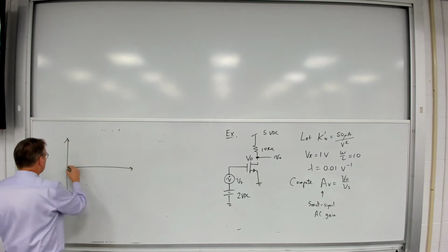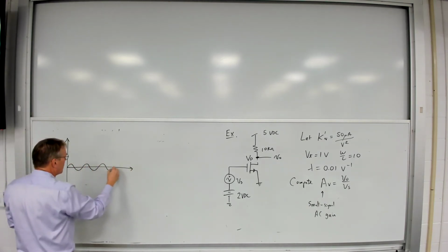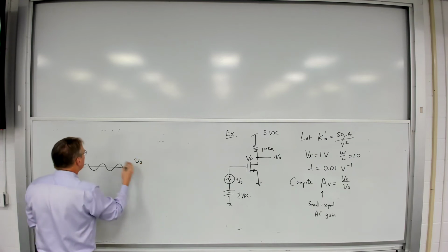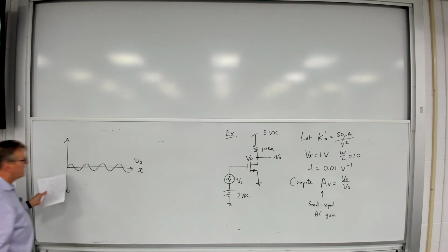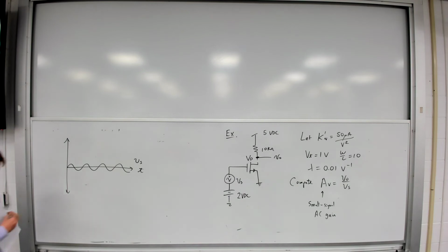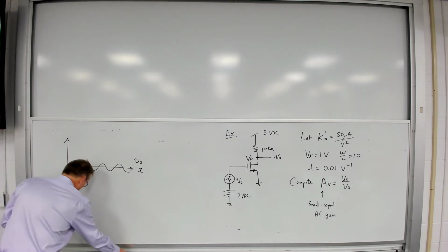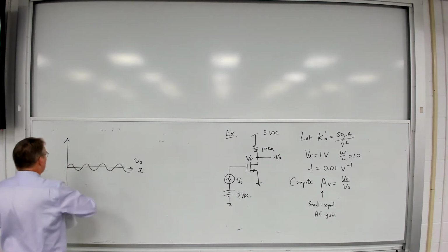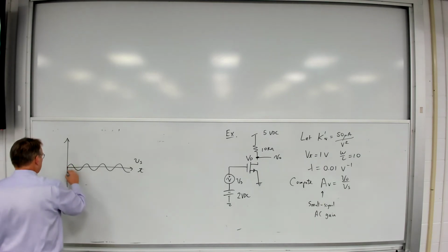If you've got Vs with respect to time, and you've got a small input voltage, my output voltage is going to be larger, but it's going to be 180 degrees out of phase.